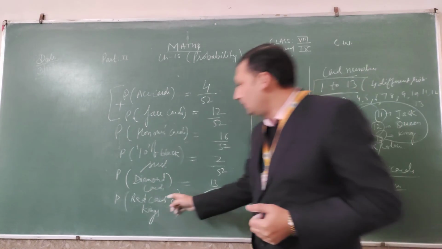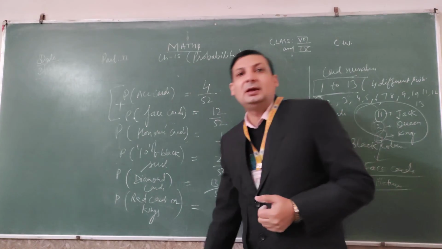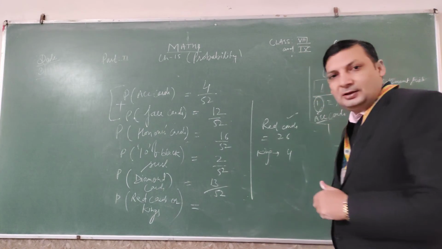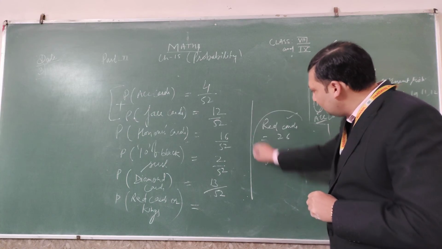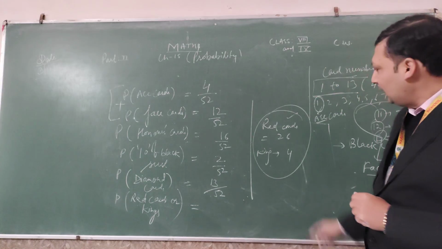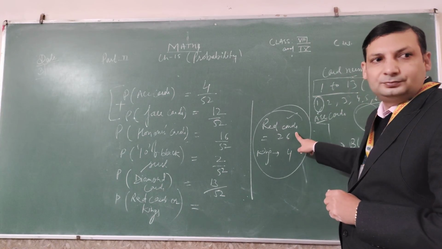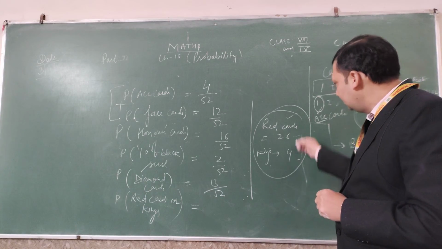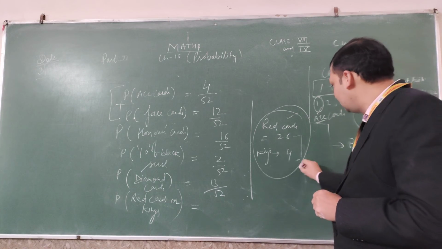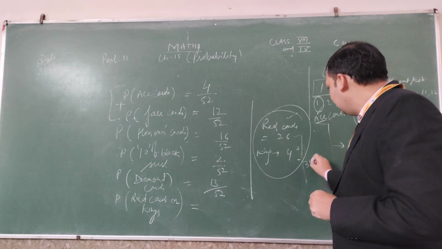But here we have to find probability of red card or king card, means red or king. But when we talk about red cards, they consist of kings also. We have to include 2 kings from 4 kings. So first we will add 26 plus 4, 30 will be the total.